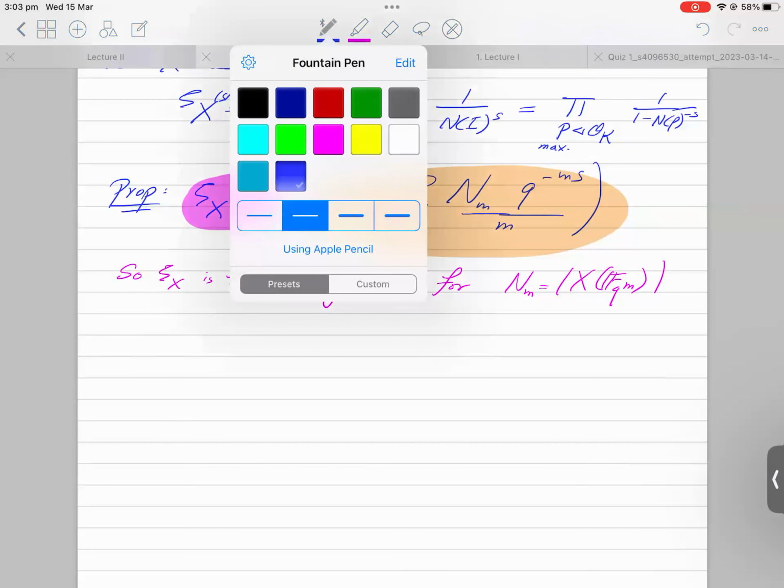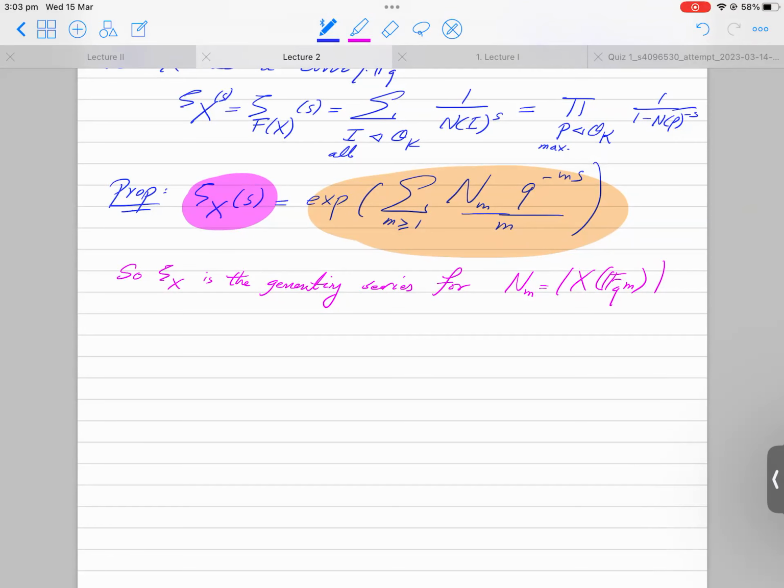First, I recall that I had this integer defined on the previous page, which was the number of maximal ideals of degree D. By degree, I mean that R mod P has size q to the power D.